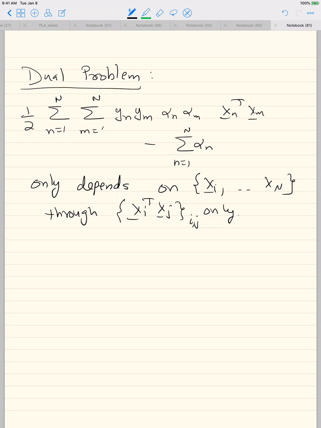Okay. So if I had just given you the inner products instead of the actual training points, you could still compute the objective function. Now look at the constraints. The constraints are saying that the summation of alpha n yn should be 0, and all the alpha i's are non-negative.